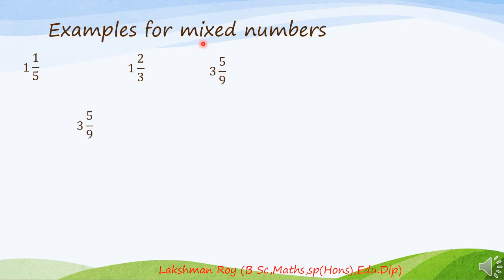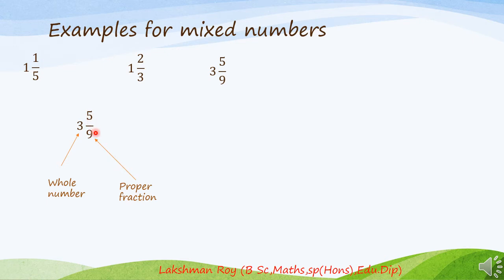So actually what is a mixed number? Let's take this one as an example. Here you can see this 3. What is 3? That is a whole number. And this part 5/9, what is that? Remember students, that is a proper fraction.